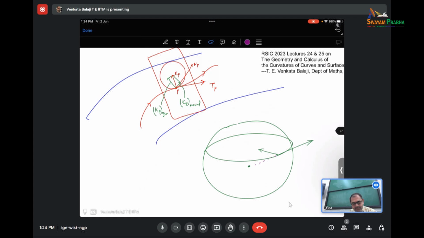So you can see it will be this plus this, and this will be the normal component, and this will be the geodesic component. When will the geodesic component be 0? If and only if the circle is a great circle. That's why great circles are geodesics. Therefore, geodesics are exactly the curves for which the whole curvature is in the normal direction. There is no tangential component, no geodesic component.